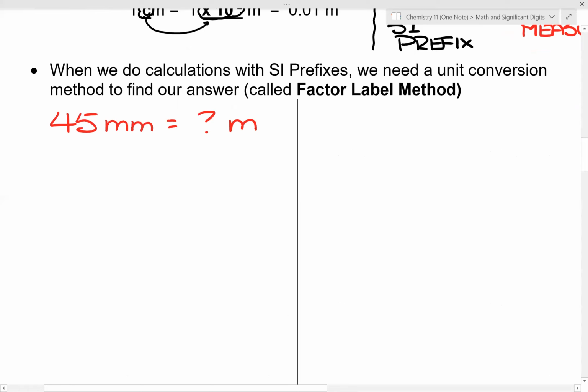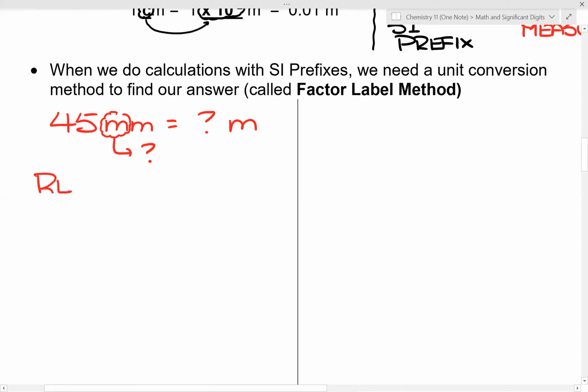Now, the one thing you first need to recognize is what is this prefix? So in this case, what you want to do is you look at the relationship.